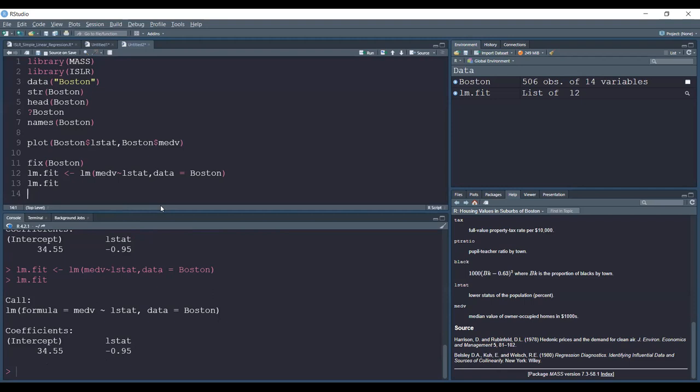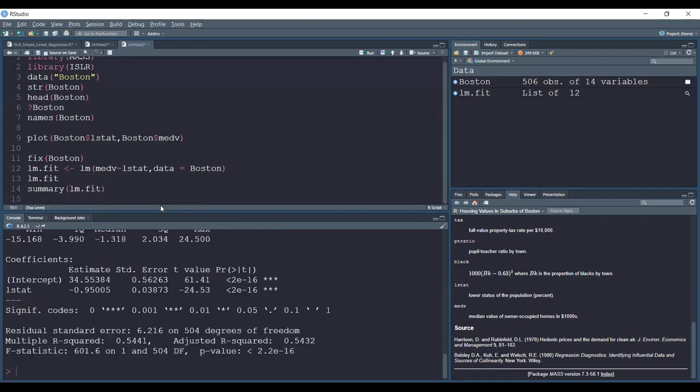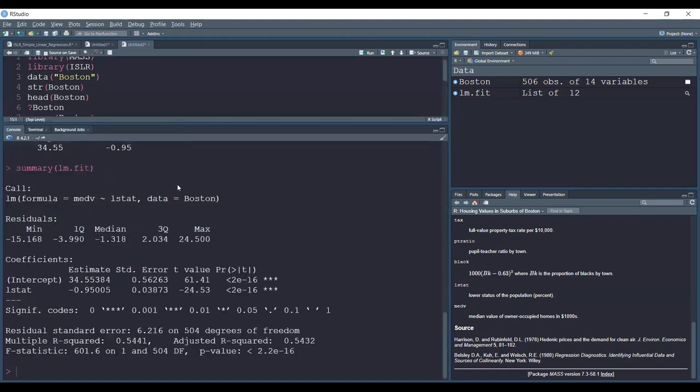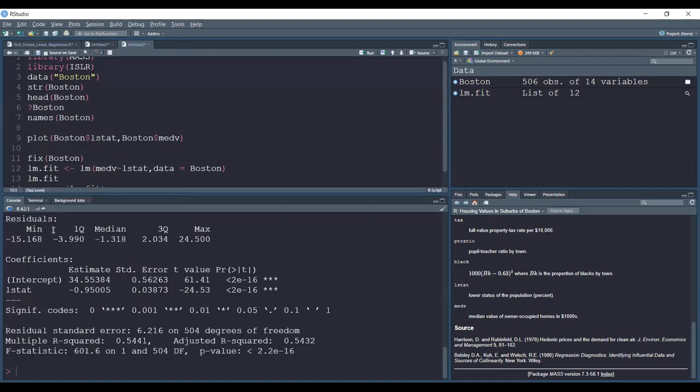These are our estimated parameters. We only have 2 of them for the simple fact that this is a simple linear regression. If we type summary, then we're going to have more info, and we'll see it like this.